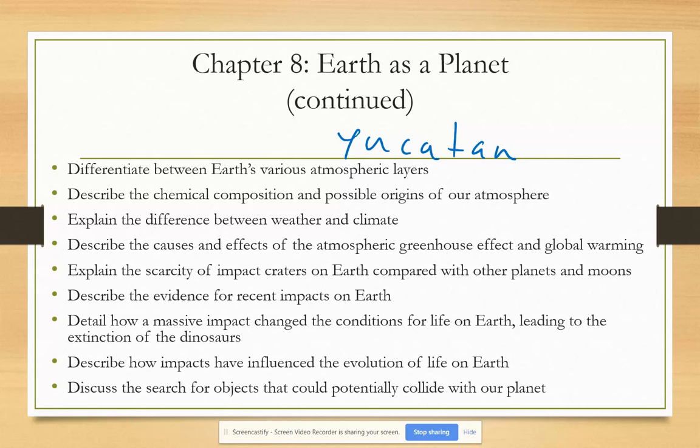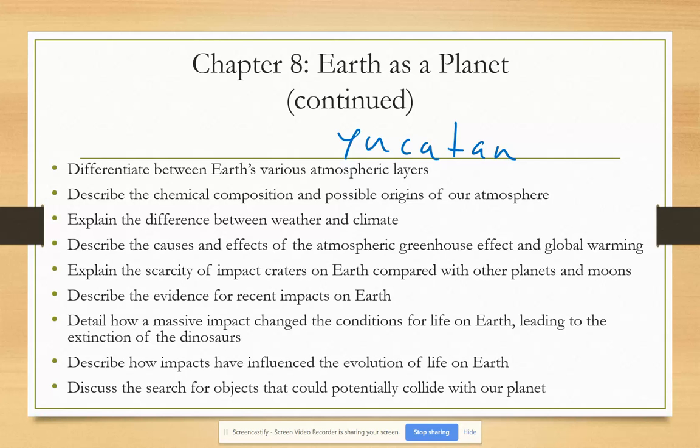Well, that debris goes in the atmosphere, whoosh, temperatures change because you're not allowing as much radiation in. It's cooler. You have different combinations of gases. So it makes life very hard for many species. I don't remember the exact percentage, but over 70% of all living species are believed to have died as a result of that impact.